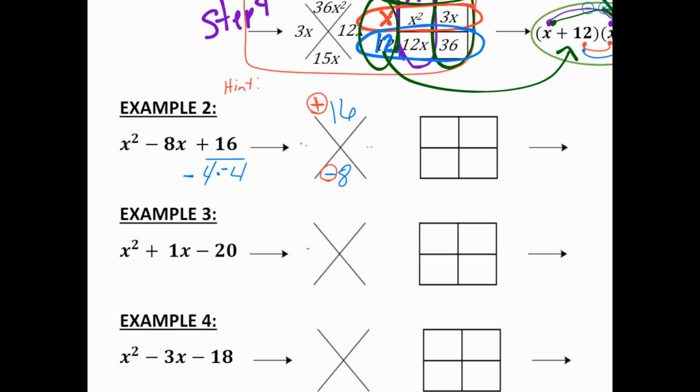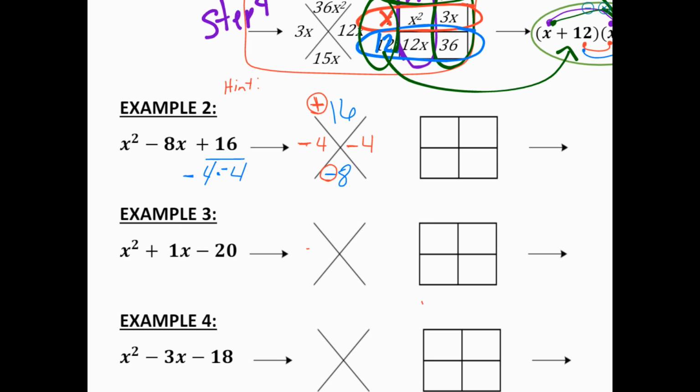They're going to be the same sign of whatever sign is on the bottom. Which means both of these have to be negative because I need a negative sum. I need them to add together to give me a negative number. So we already said they're going to be negative 4 and negative 4.